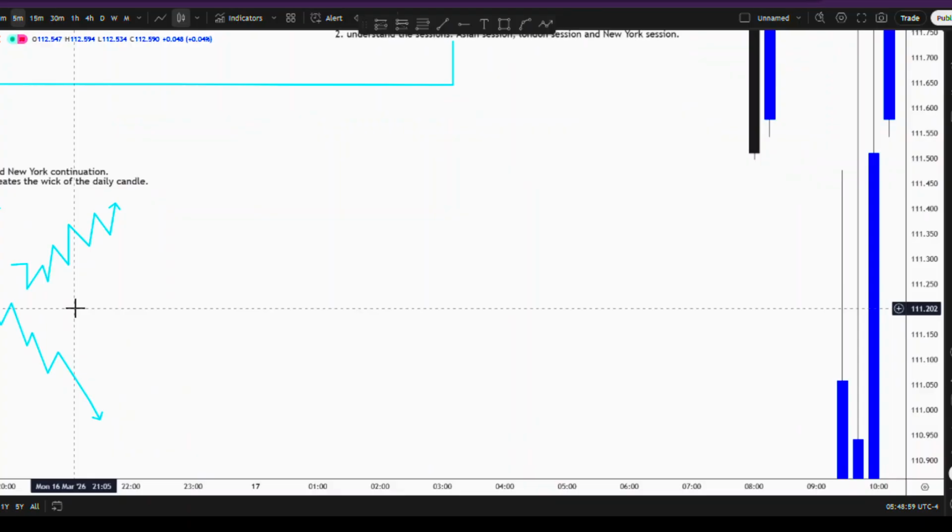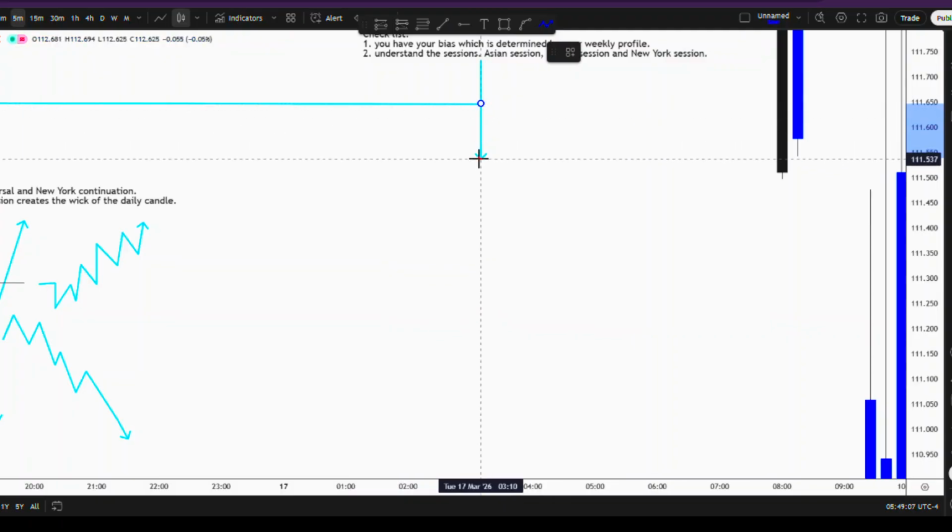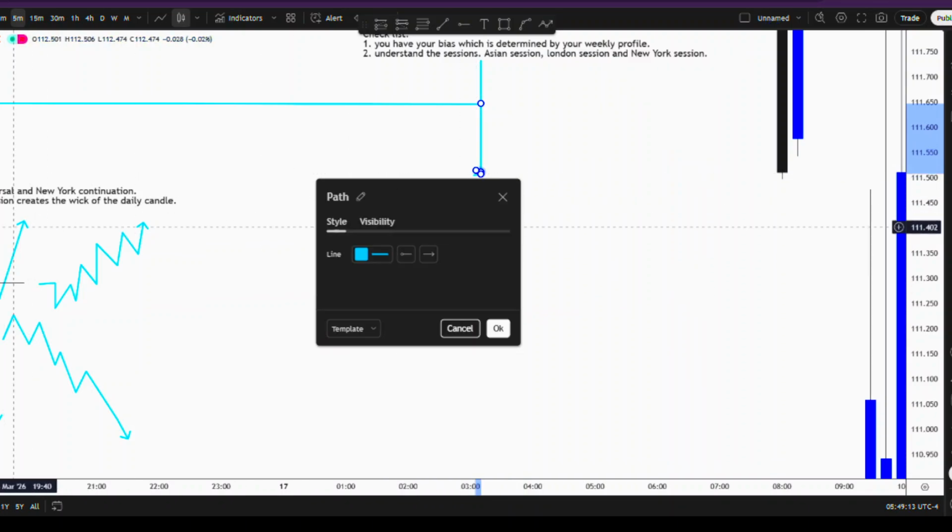We shall understand. Profile number 2, when it comes to daily profiles. Okay, to add on something on the first profile, you will realize during these sessions we'll have Asian session accumulating, and then London will either manipulate the high or the low, giving us a reversal, and then New York session will just continue.